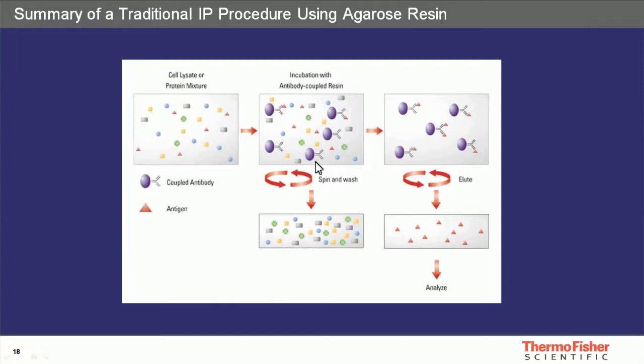Then you centrifuge them in order to remove anything that doesn't bind to the antibody coupled to the beads. That way you can get rid of any non-specific bound proteins. Then you can elute the antigen off the antibody by centrifugation and analyze it by IP to Western blot. So this is how the traditional IP procedure has typically been done using the agarose resin.